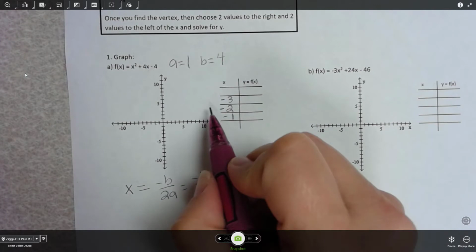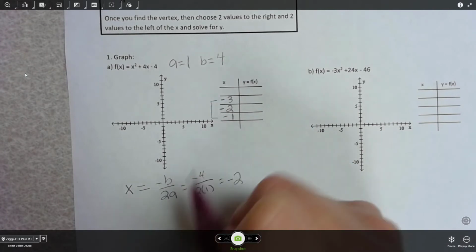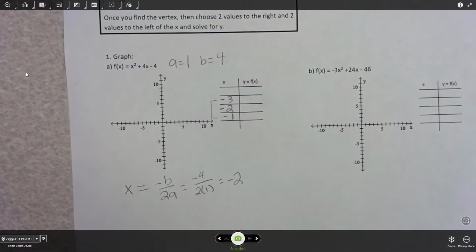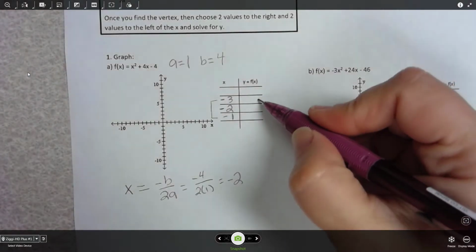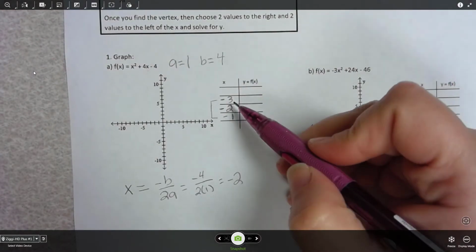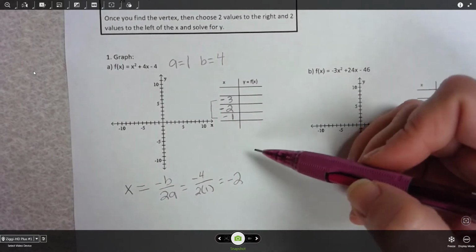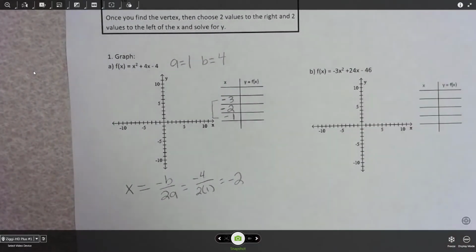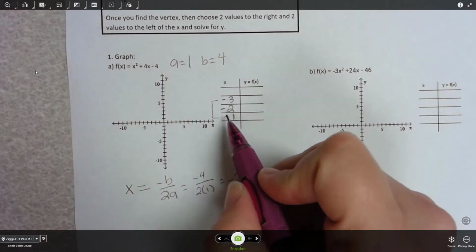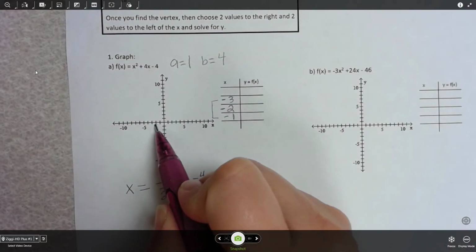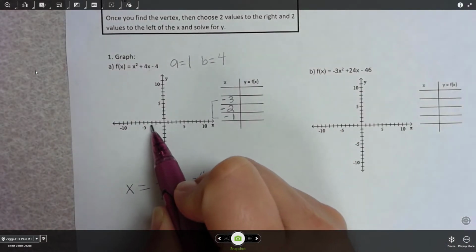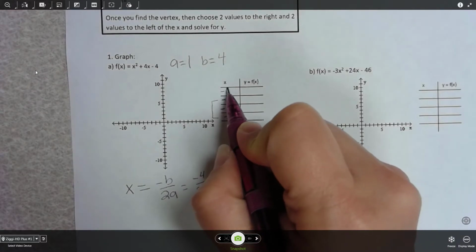Since negative 3 and negative 1 are the same distance from negative 2, they should have the same y value. That means I only need to plug one of them back into my function to find the value, and once I find one, I have the other. Now from negative 2, I'm going to go a distance of 2 to the left, so 1, 2 will put me at negative 4.